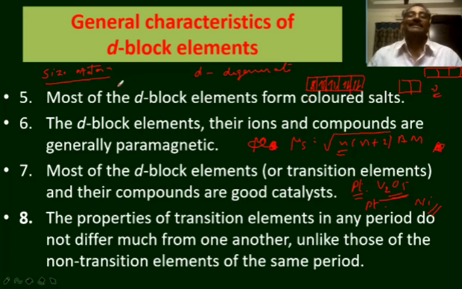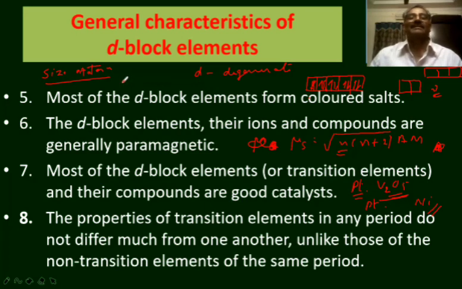The reason is, in the d block elements, the differentiating electron enters into the penultimate shell, that is the inner shell. The electrons present in the inner shell shield the electrons present in the outer shell. Because of the more shielding effect, the nucleus cannot show its complete effect on the outer electrons.